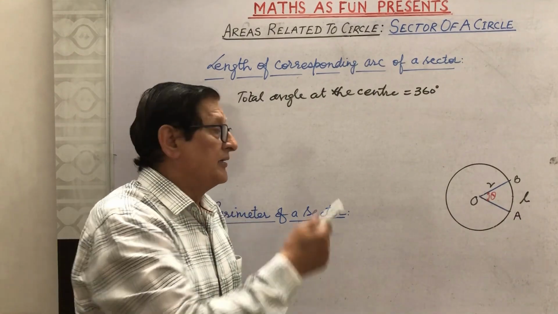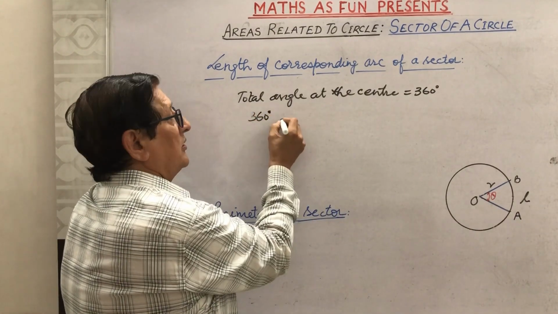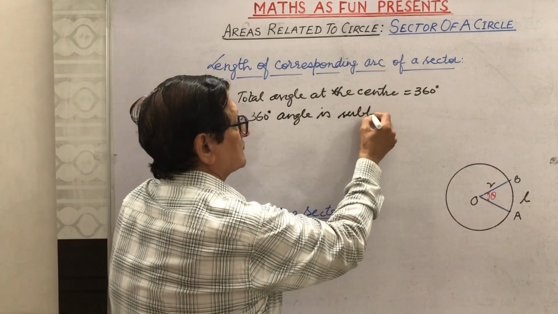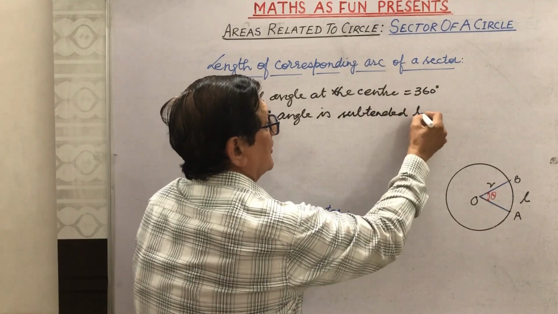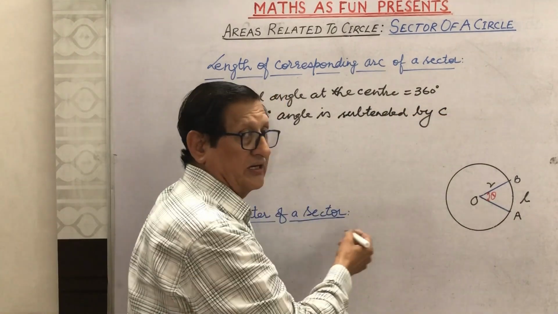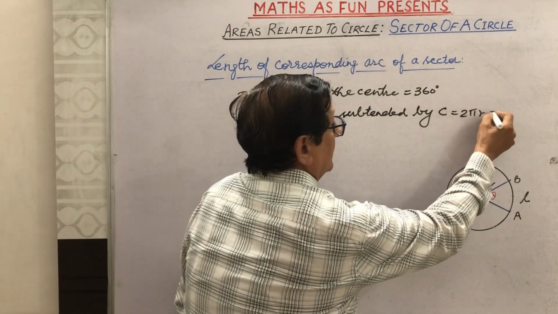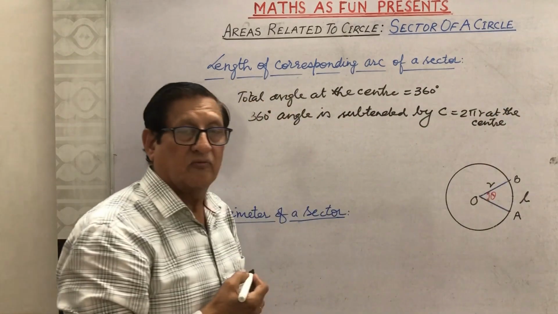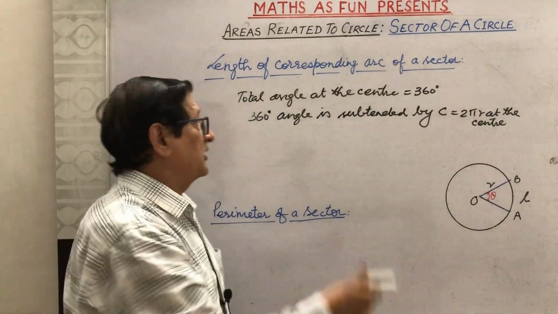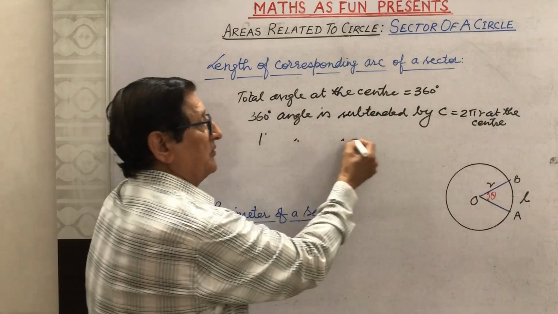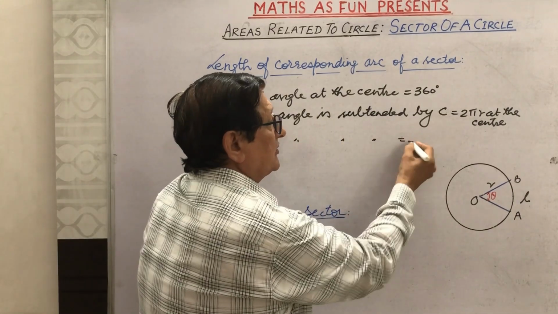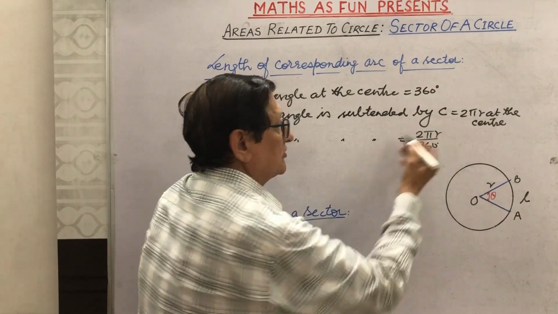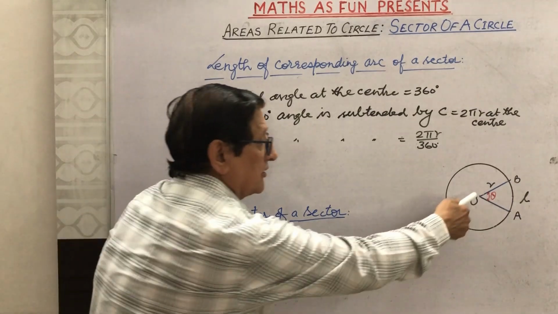And this 360 degree is the angle subtended by this complete arc, which is the circumference of the circle. So we can say that 360 degree angle is subtended by the circumference, that is equal to 2 pi r, at the center. We can use the unitary method here. It means 1 degree angle will be subtended by the arc that will be 2 pi r upon 360 degree. And here the angle is theta.